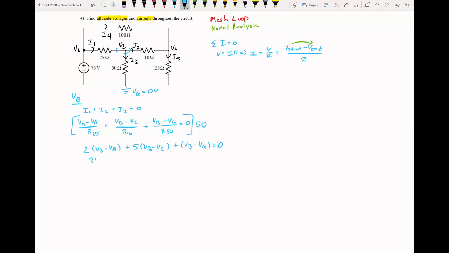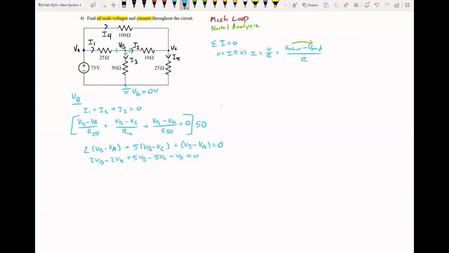Okay, if we simplify that out a little bit more, 2VB minus 2VA plus 5VB minus 5V of C plus V of B is equal to 0.